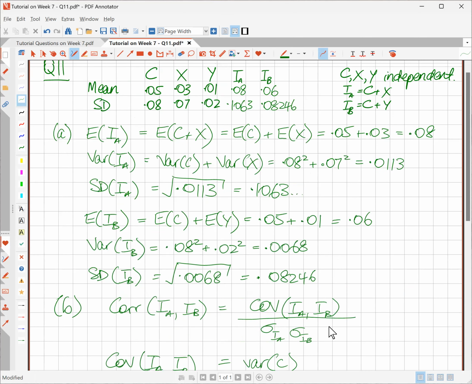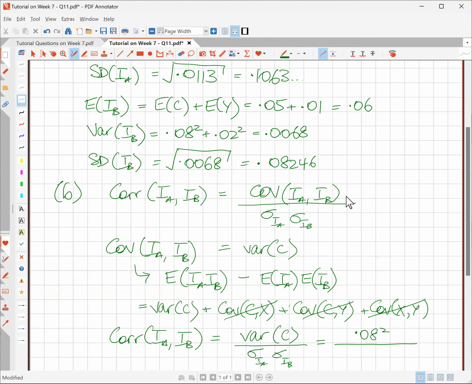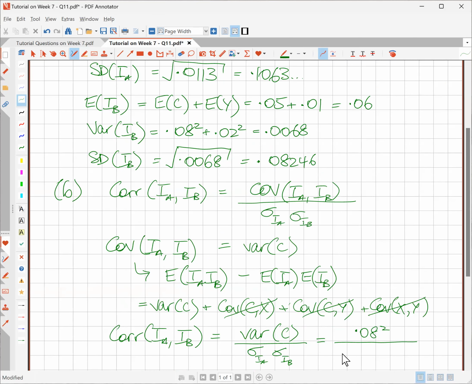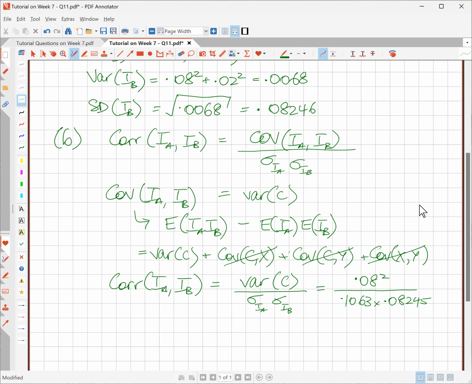And the two standard deviations, which we've calculated, will have 0.1063 for asset A and 0.08225 for asset B. And so numerically, this comes out to about 0.73.